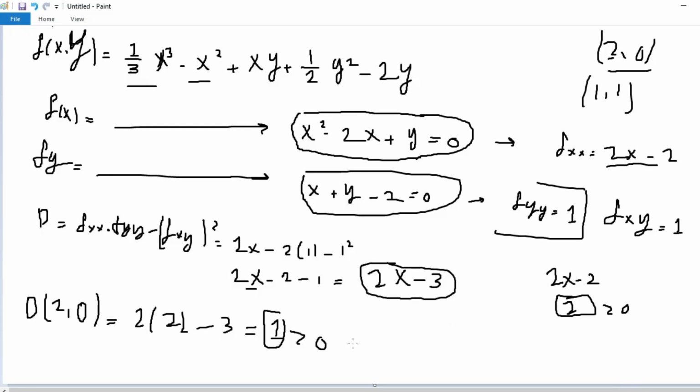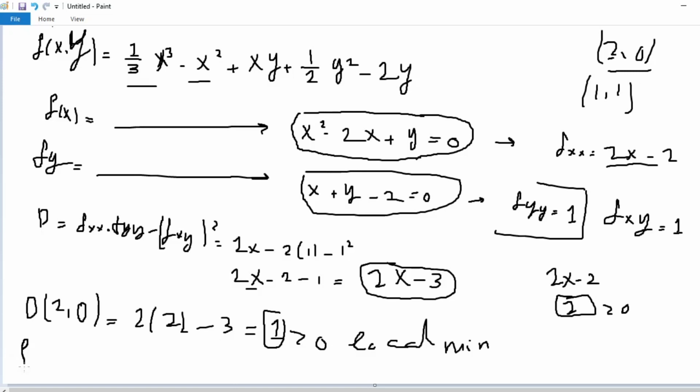We said that if f double x is less than 0, you have a local maximum, and if f double x is greater than 0, you have a local minimum. So here you can write local min.